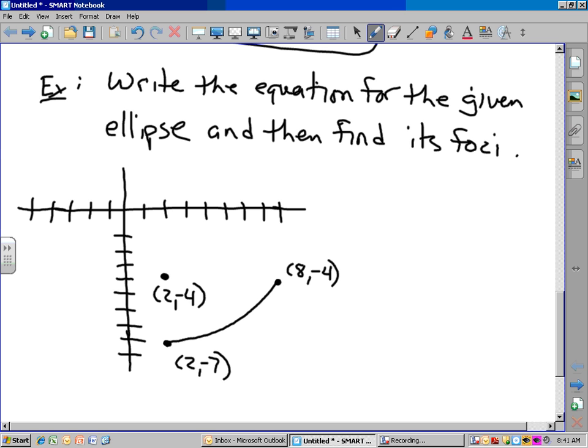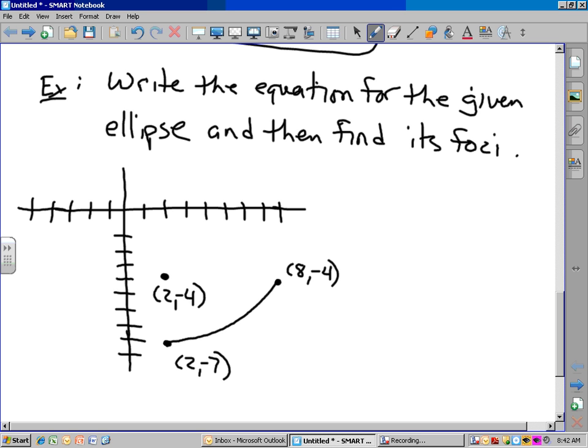Can we draw the rest? What do we need to know? The other 2 vertices, right? The vertex is at (8, -4). If I go to the opposite side of that, I want to call it a reflection, or say it's the same distance away, what would that distance be? 6. It's a length of 6, right?